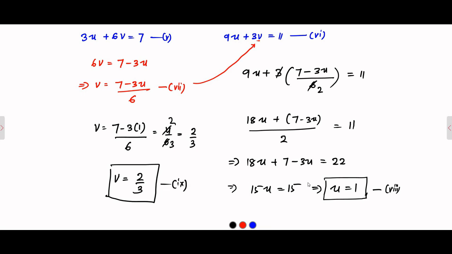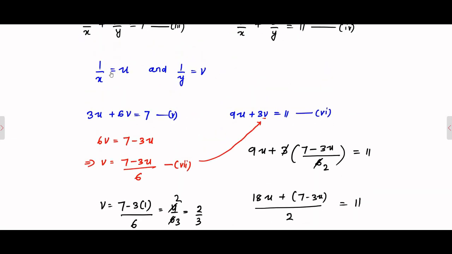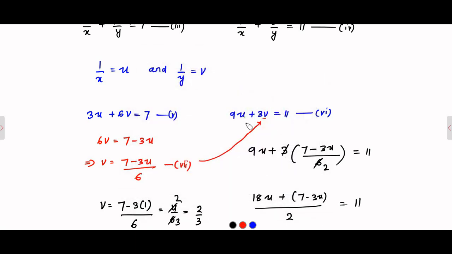Now we have the values of u and v, but our original objective is to calculate the values of x and y. From the original substitutions, x = 1 by u, which is 1 because 1 by 1 is 1, and y = 1 by v, which is 1 by 2 by 3, which is 3 by 2.